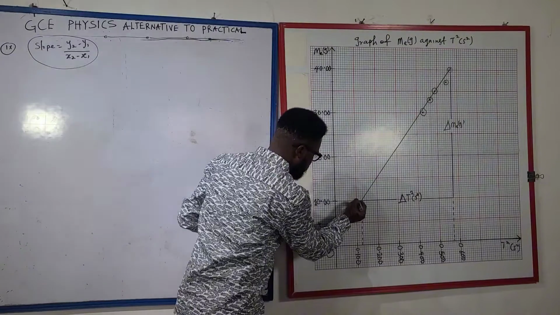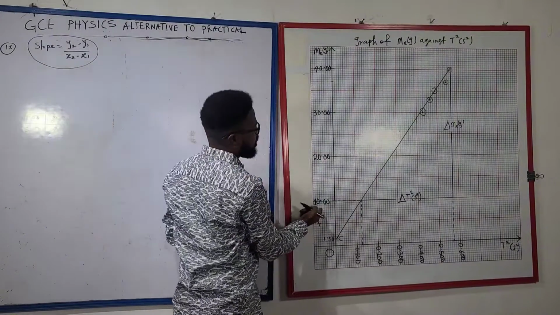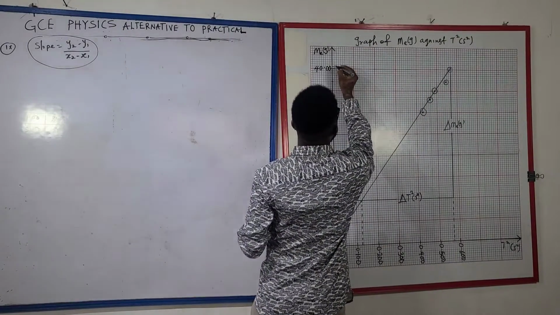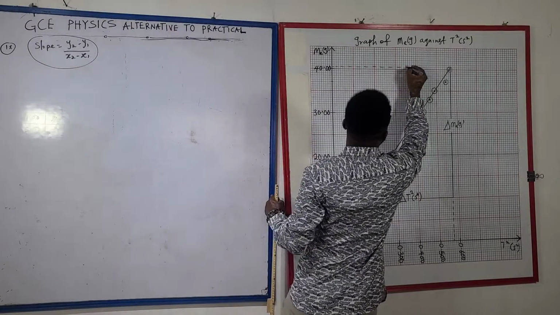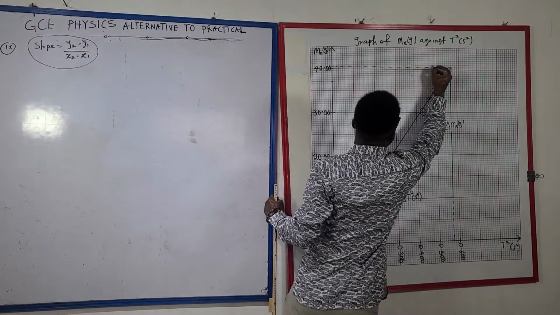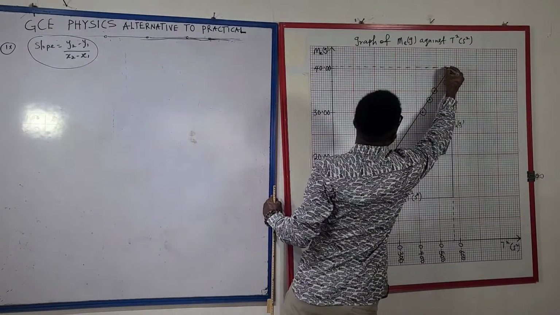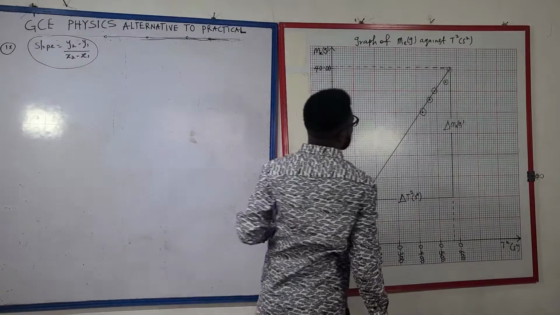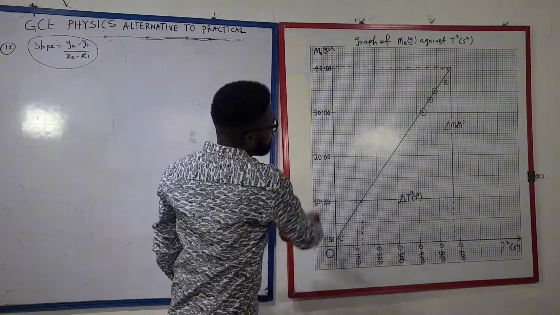Okay, this is on this point. These are 10. And of course, I'm picking this here. Of course, you can make use of your ruler to get that. So this is 40.5.